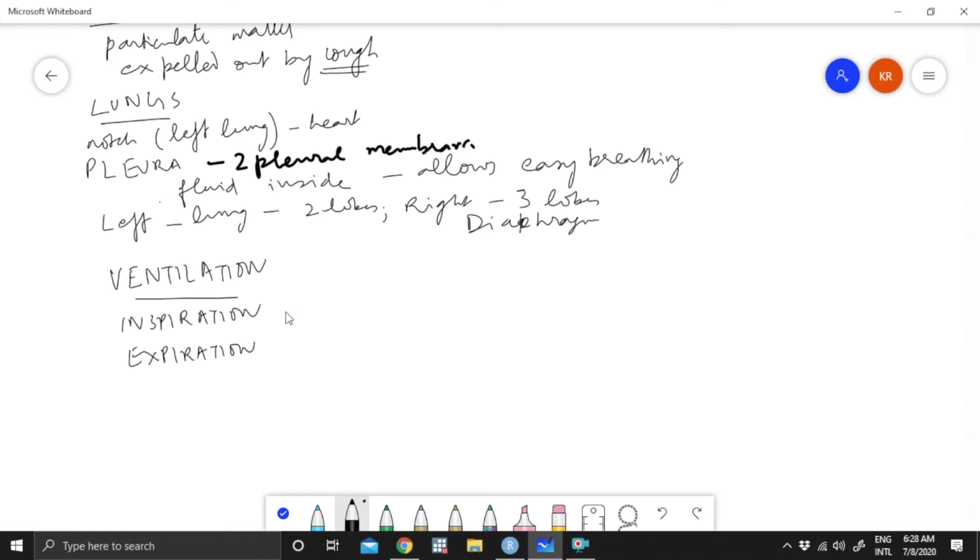During inspiration, the chest cavity expands, and the chest cavity expands because of the ribs. The ribs move outward and downward.